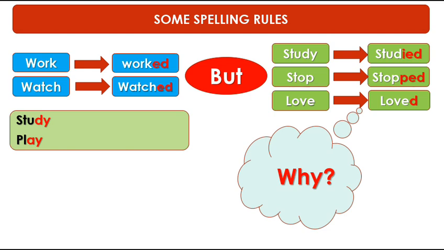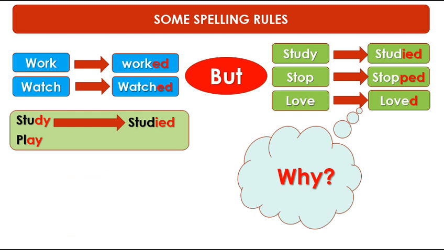If it is a consonant, like the case in study, we have y preceded by a d, which is consonant, not vowel. Okay? Then we drop the y and add ied.